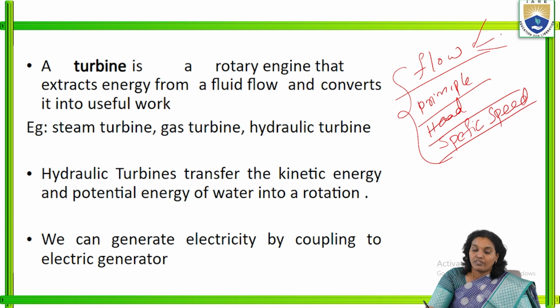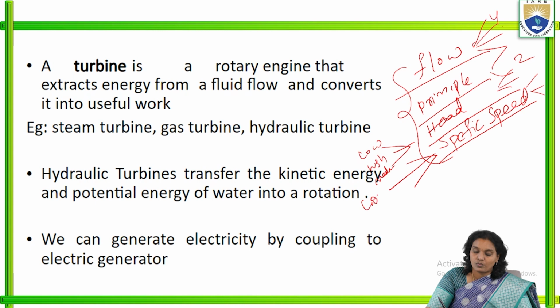Based on these four parameters, we categorize the turbines. Head has three types: low, medium and high. Similarly, specific speed is also low, medium and high.